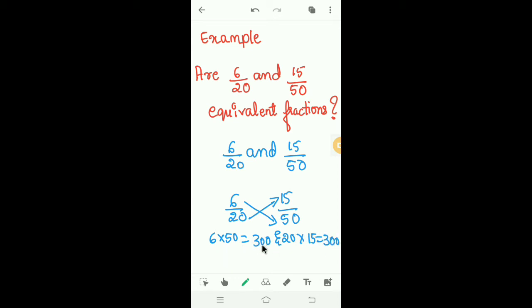Since the answer is 300 in both the cases, 6 by 20 and 15 by 50 are equivalent fractions.